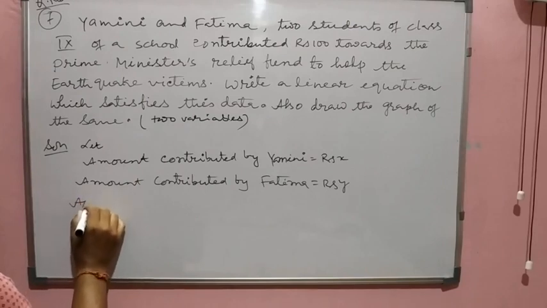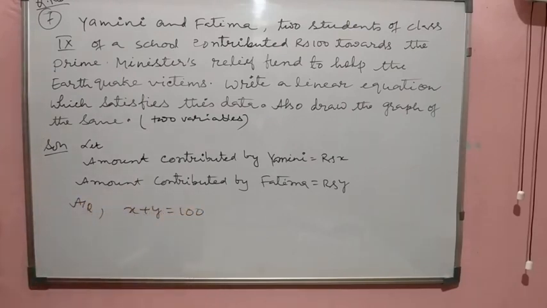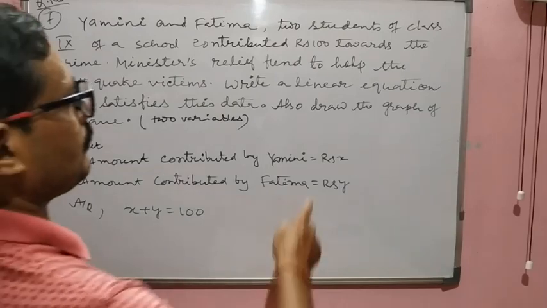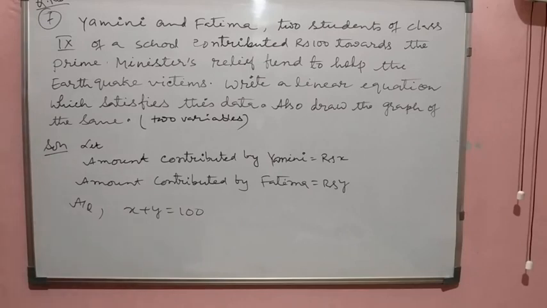So according to the question, x plus y equals 100. Together the amount is rupees 100. So this is the equation.